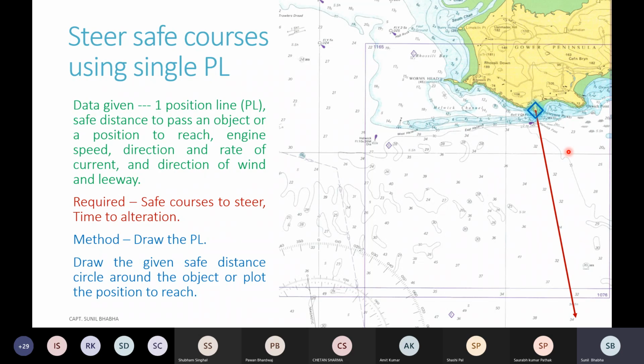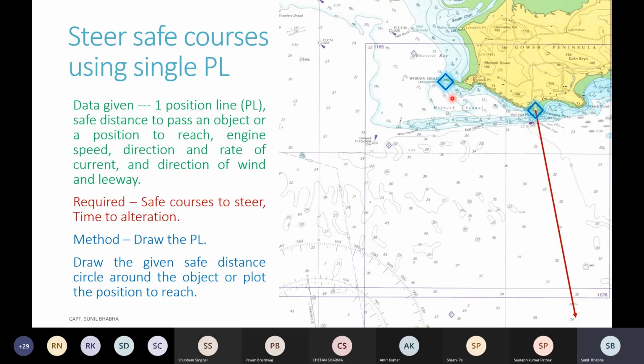Now, they have also given us a safe distance to be passed from a certain object. In this case, it is this particular object, Worm's Head, and we are required to pass Worm's Head maintaining a certain safe distance.